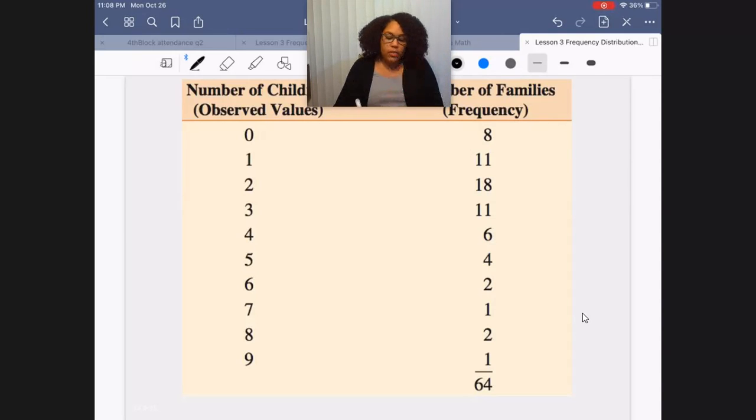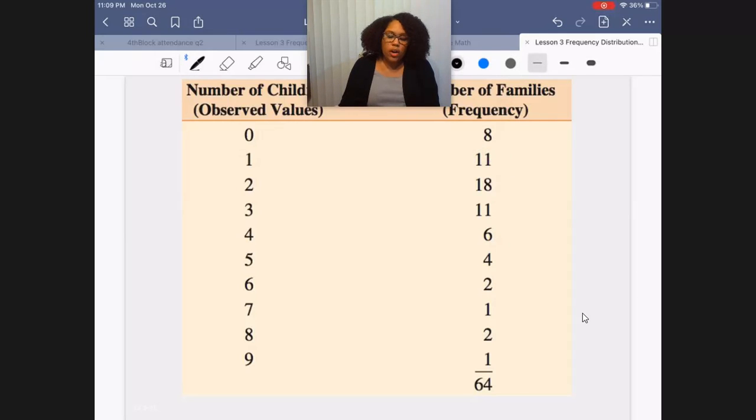So that's over here. That's these observed values. And then we looked at, based on our list of data, the frequency that each of those responses showed up. So for the number of children being 0, we had 8 couples that responded with that. For 1 child, there were 11 couples that said they had 1 child, and so forth.